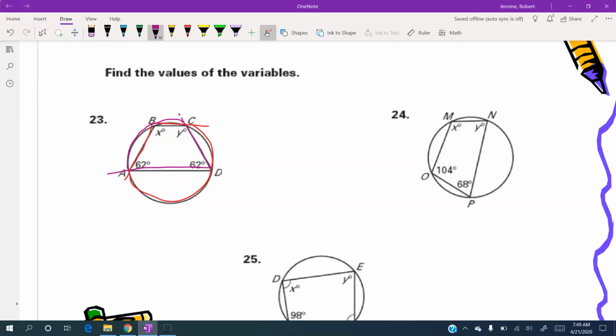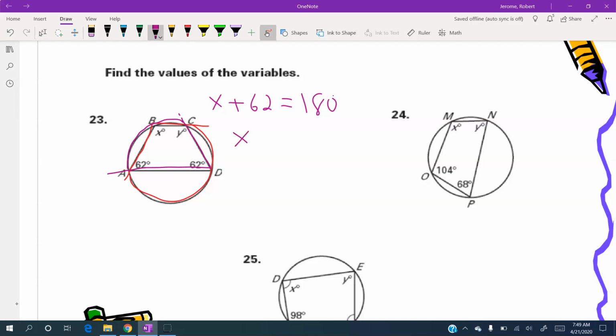Or what I can simply say is that the opposite angles, so the X plus the 62, are supplementary. So they're going to total 180. And that's going to let me find X very quickly with a whole lot less work. Remember, some rules are just shortcuts. This happens to be a shortcut.